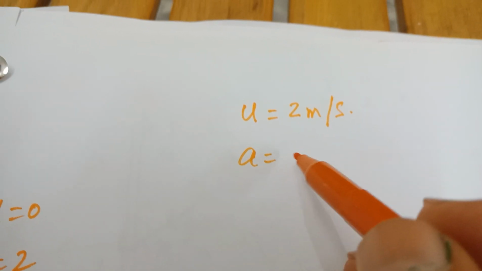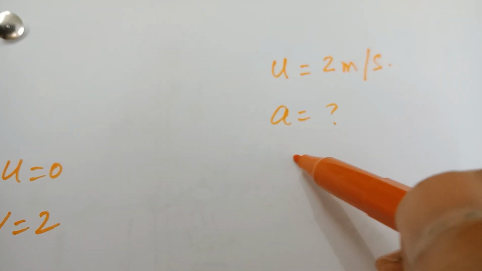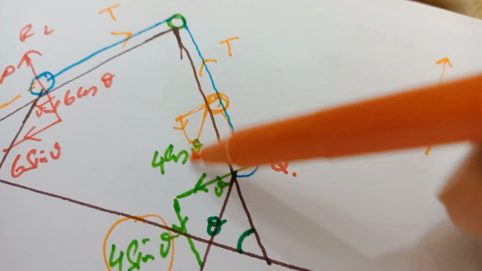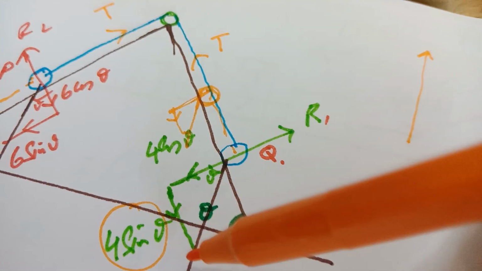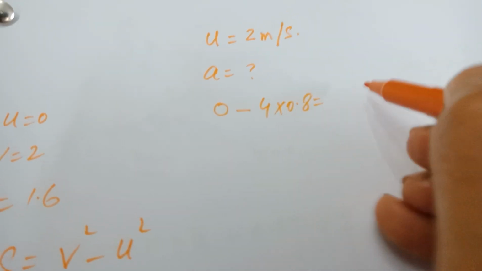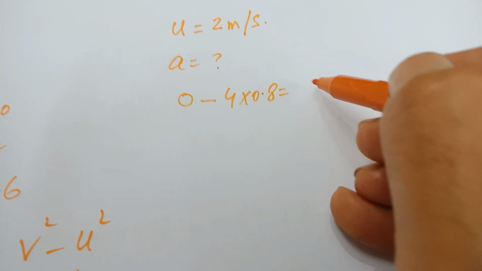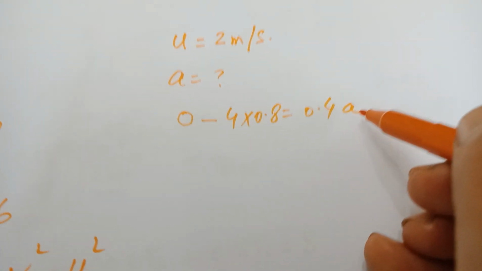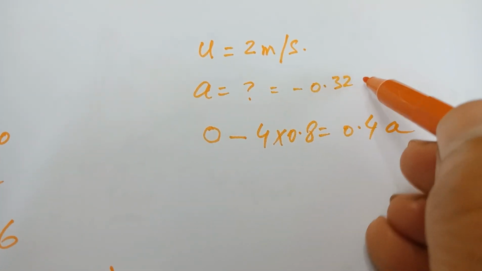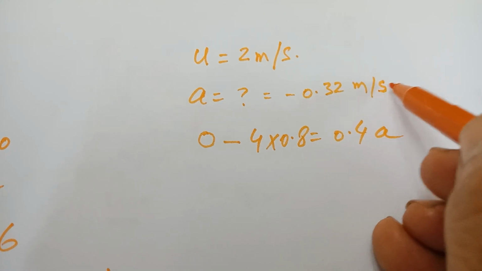There is no upward force, but the component 4 sine theta is pulling it downwards. That is the downward force. This is 4 into 0.8, equal to ma, and the mass is 0.4.